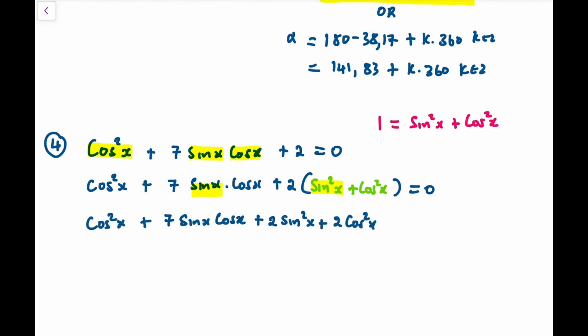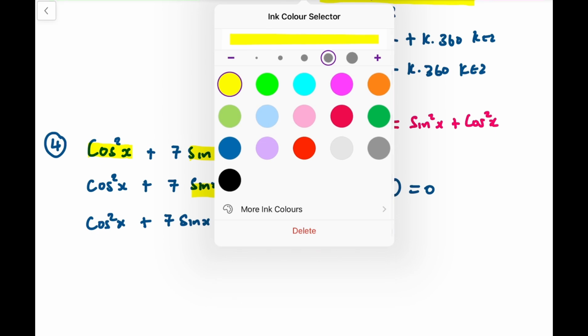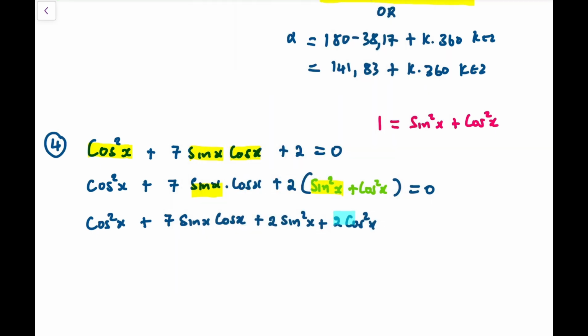Now I have the like terms, so I need to add all the like terms. So this one and that one are the same, so I can add them. So I'm going to have 3 cos squared x, and then plus 7 sine x cos x, and then plus 2 sine squared x.